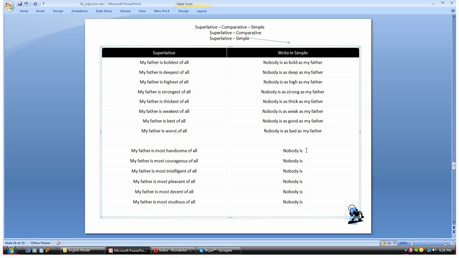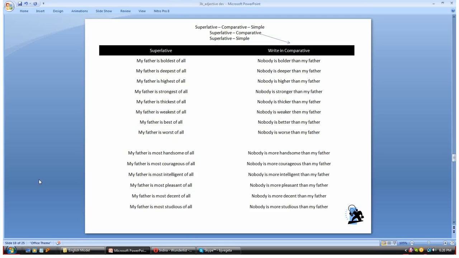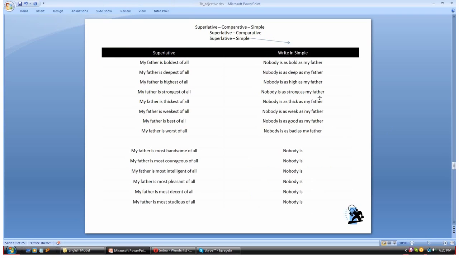That's comparative. So look at the previous slide and you will understand better. When you're trying to write superlative into comparative, most handsome becomes more handsome, and yes, we use "nobody is more handsome than my father." The meaning did not change. But this time, I am trying to write in simple. So what is the simple for most handsome? It is handsome.